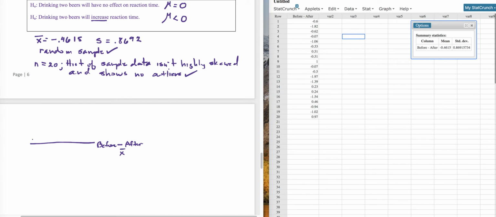We've decided that we can go ahead and use this t distribution with a little caution because we've got that small sample size. The center, we believe H0, and H0 tells us that the mean will be 0. And then our sample value of negative 0.4615 is off to the left.